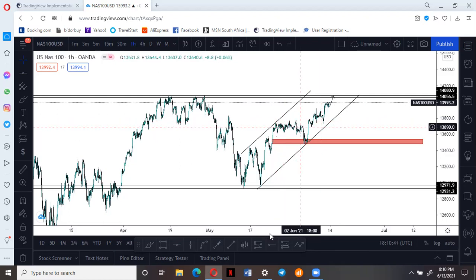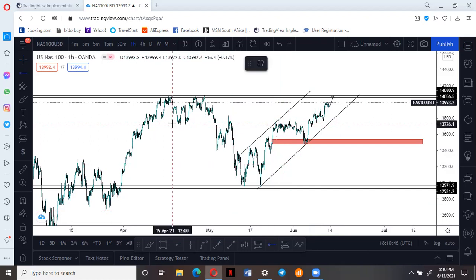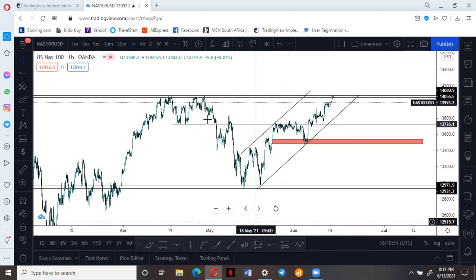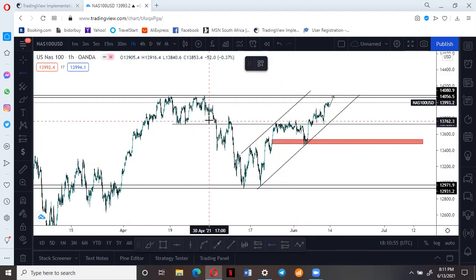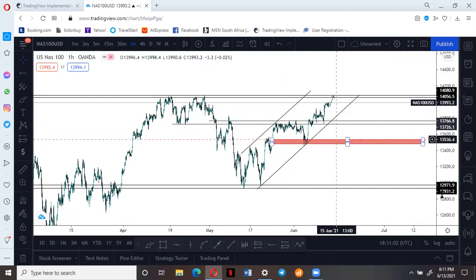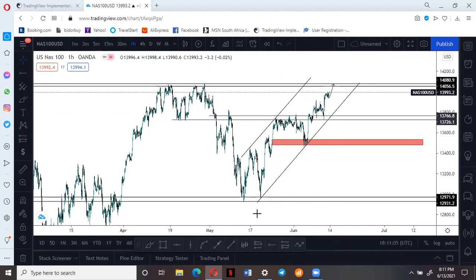Let me highlight it with this horizontal line. It was a major resistance there, which turned into support right after it was broken, and it got retested.